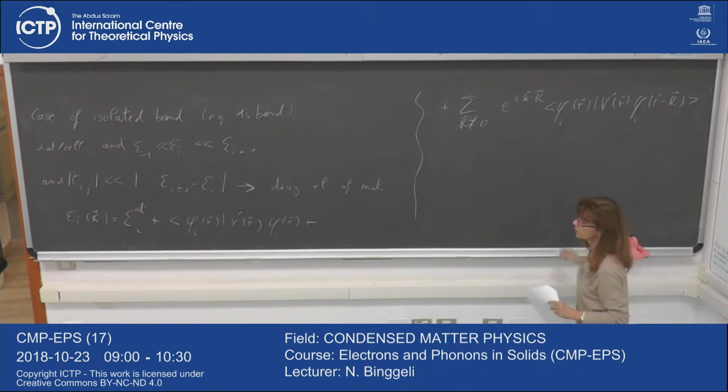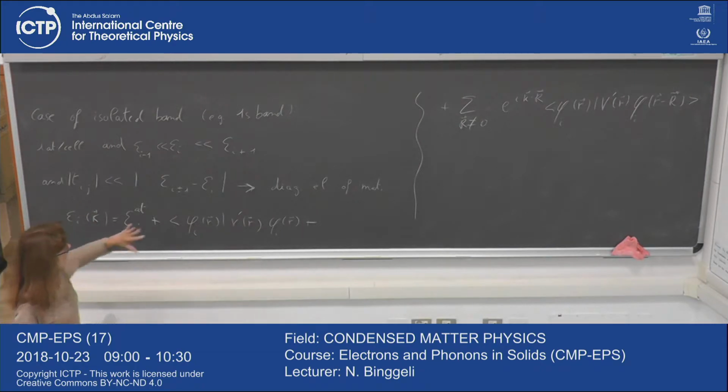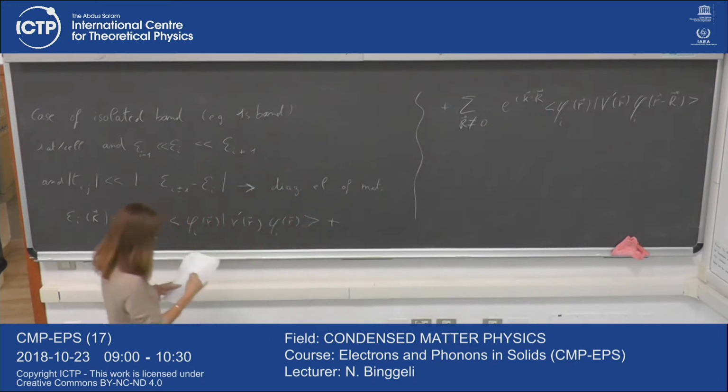So this is what we get when we are in the limit of a single band, that is a band that is well separated in energy from all other bands. In that case, the off-diagonal terms go to 0, and one remains with the diagonal term that gives us the energy.